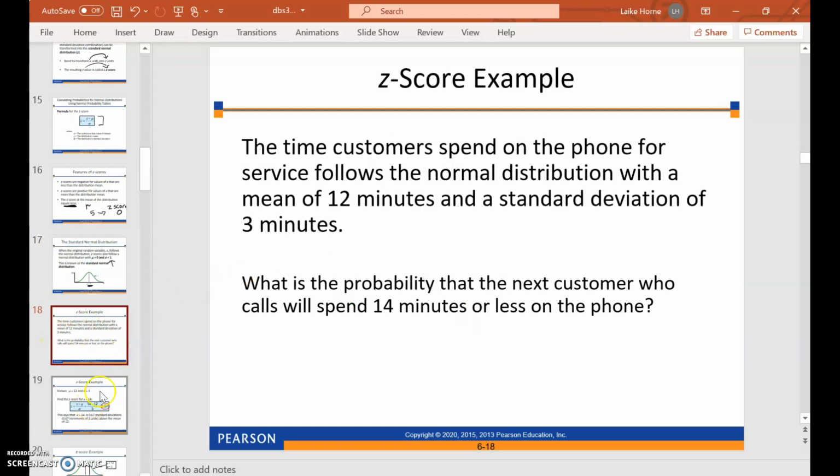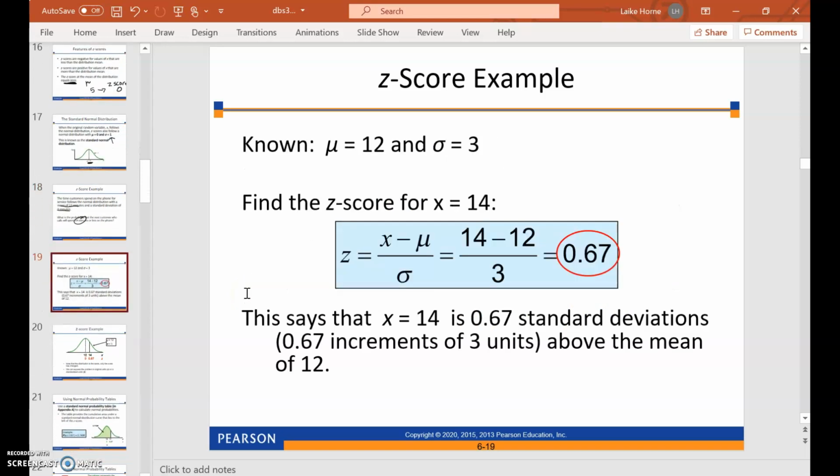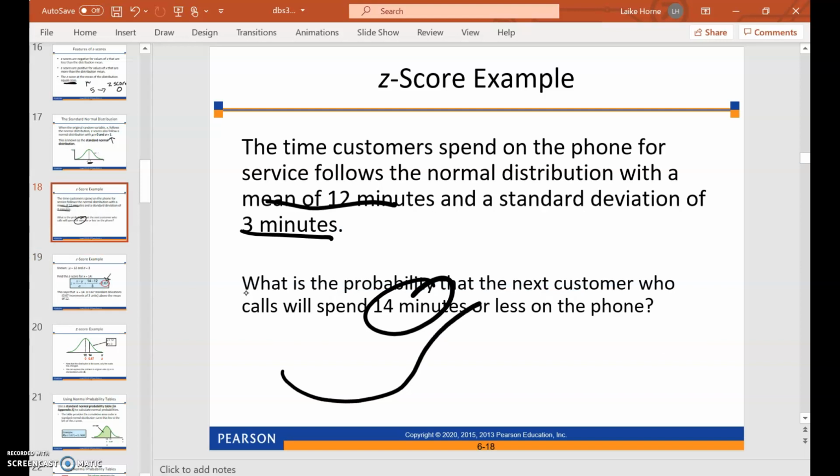Okay, here's an example. The time customers spend on the phone for a service follows the normal distribution with a mean of 12 and a standard deviation of 3. And it's asking what is the probability that the next customer will spend 14 minutes or less on the phone. So first you have to plug in and get your z-score, okay? So think about our picture here. Here's the mean.